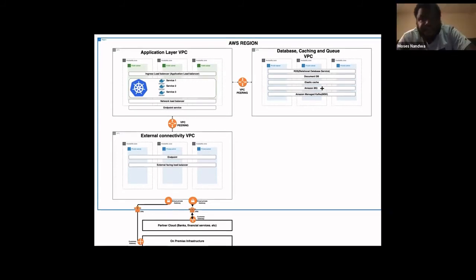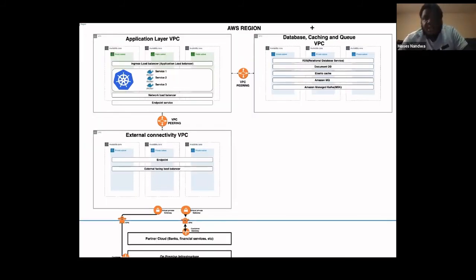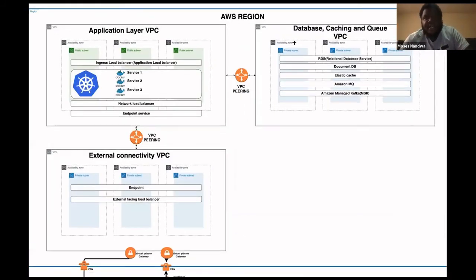So there are different things that you do. First of all, downtime is caused when your data center goes down. If you're hosted in this zone and it goes down, you will have the downtime.